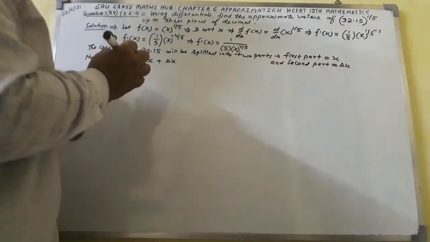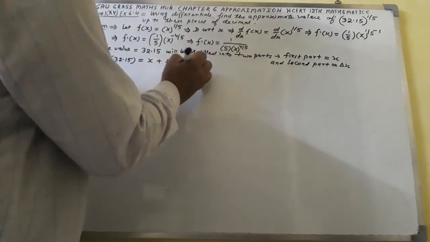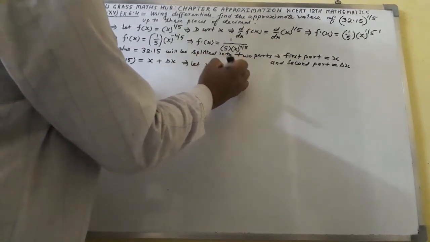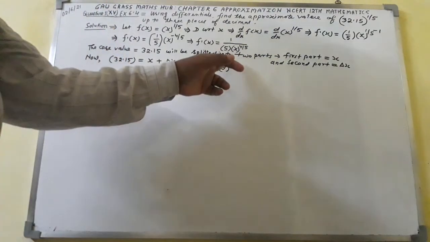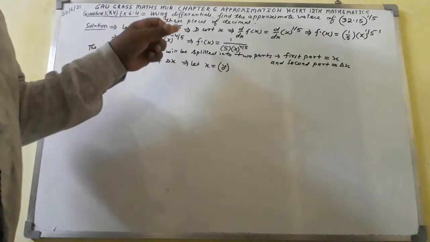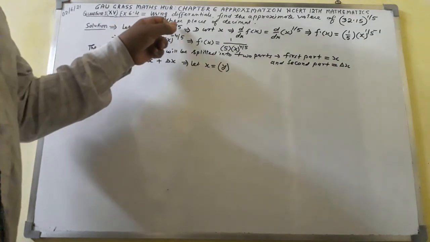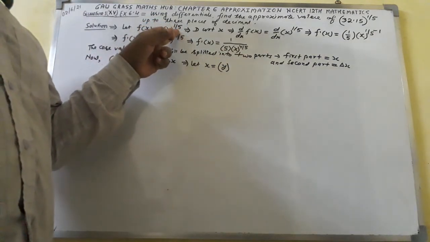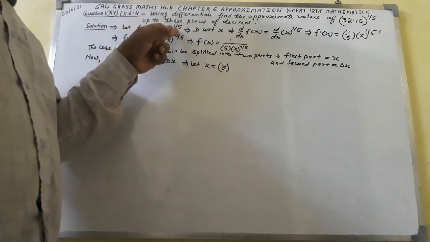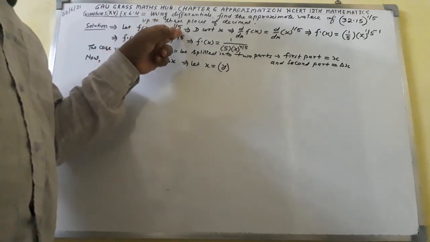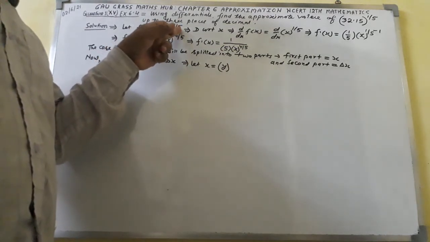Now let x be equal to y raised to the power, the index I shall take from this place. Here x has the index 1/5, a fraction. From the fraction 1/5 I shall take only the denominator, which is 5.